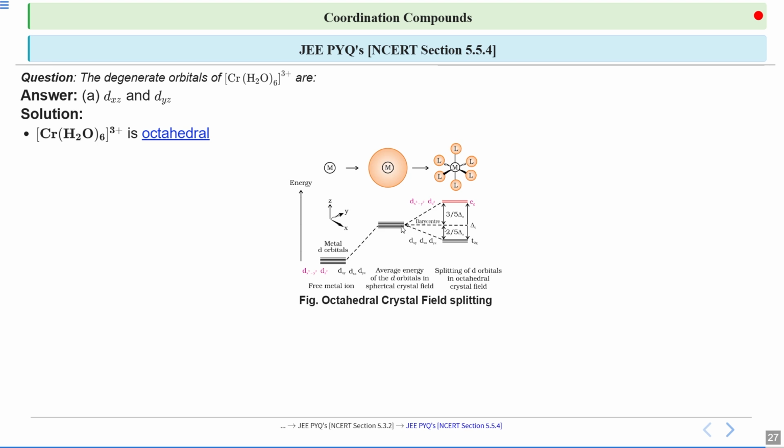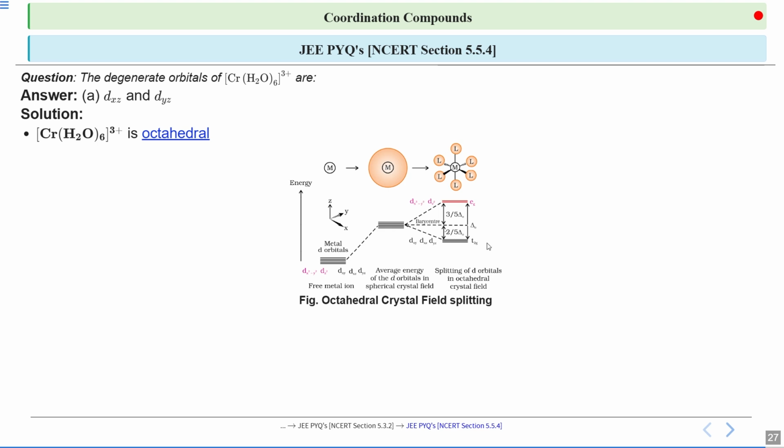This is the representation of the average energy of d orbitals in the spherical crystal field. Now splitting happens. These 5 degenerate d orbitals split into 2 non-degenerate energy levels. The higher one is called the eg level, having dx²-y² and dz² orbitals.